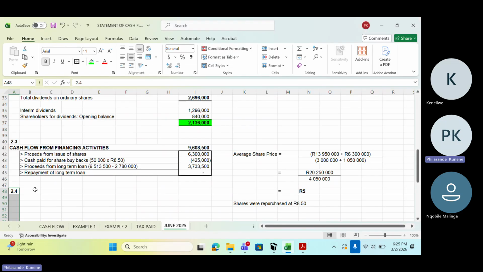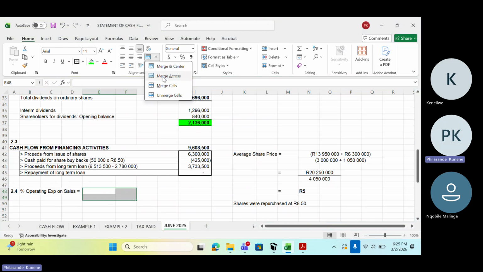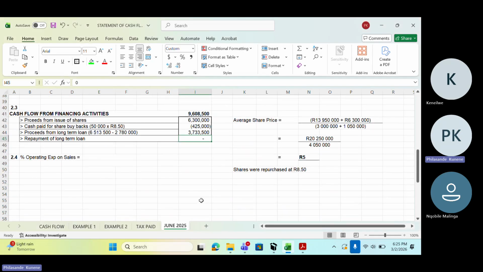Operating expenses, percentage OPEX on sales. Let's look at it and see if we can calculate it, okay? We need to calculate percentage operating expenses on sales. What is the formula for operating expenses on sales? Anyone who knows the formula?